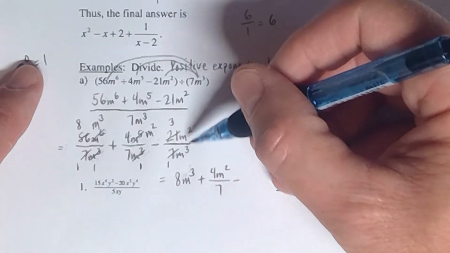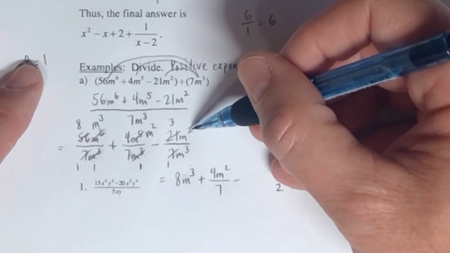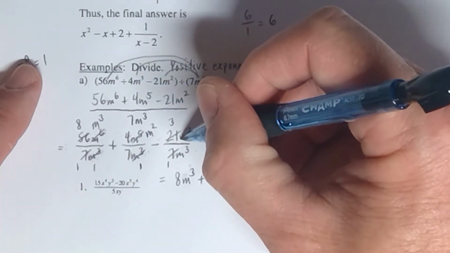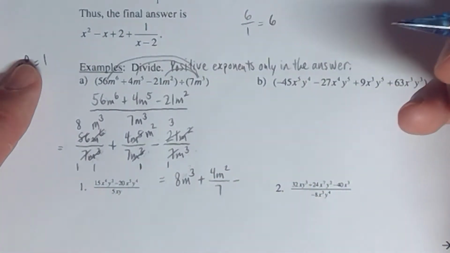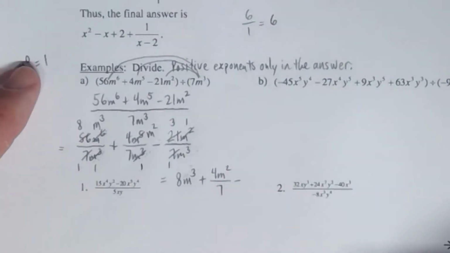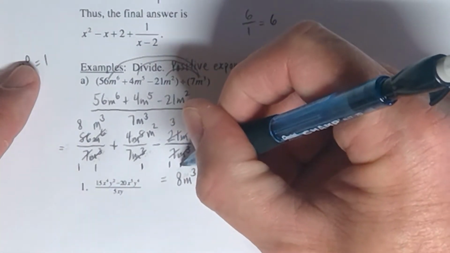Now, what's the smaller exponent here between 2 and 3? It's going to be 2. So what we do is we go 2 minus 2 and 3 minus 2. What do we get? 2 minus 2 is going to be m to the 0. But anything to the 0 power is 1, so I'll put a 1 there. 3 minus 2 is going to be m to the first, so I could just say m.